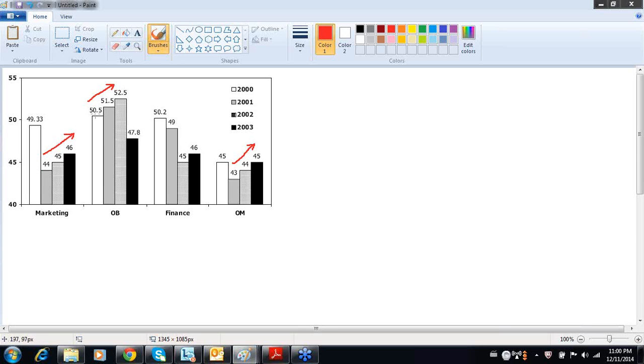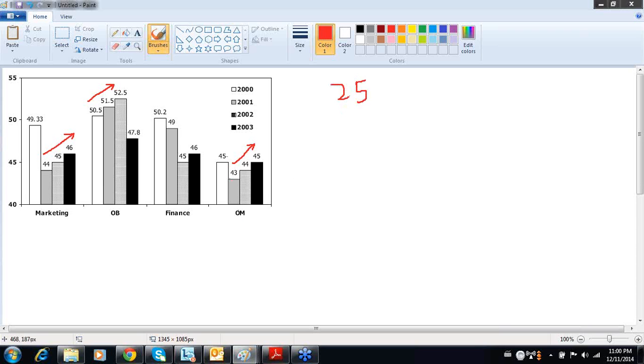Similarly, in OB, the average age is increasing by 1 because nobody joined at that point in time, nobody retired, and then the average age decreased by something. That means in 2003 somebody joined the institute with age of 25, because the starting age for joining is 25.